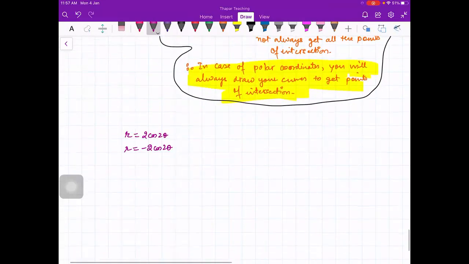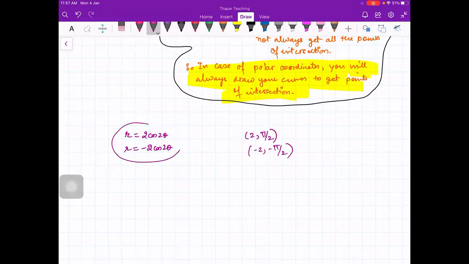Now you see this point 2 comma pi by 2. These are the two curves, right? One point is 2 comma pi by 2, and the same point has another name, minus 2 comma minus pi by 2. Now can you tell me what you will get if you just simultaneously solve these two equations?